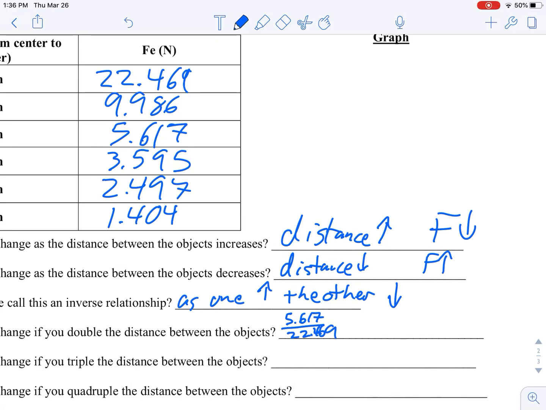All right, if you throw that in your calculator, let's see what we get. We get almost exactly 0.25. So it gets quartered.